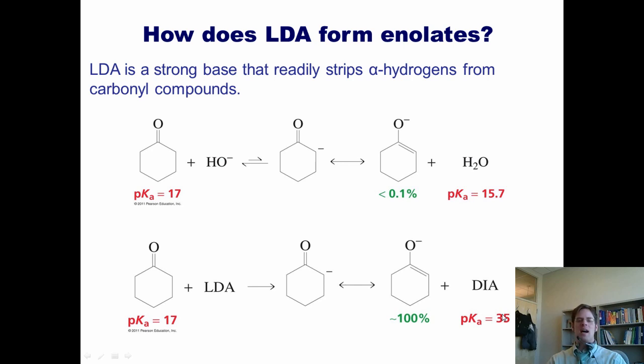That means that diisopropyl amine is much, much, much less acidic than the alpha proton over here in cyclohexanone. Hence, this enolate is not going to be able to rip off a proton from diisopropyl amine and revert back to the starting material. Thus, if I incubate cyclohexanone with LDA, it will convert to this enolate in almost 100% conversion.